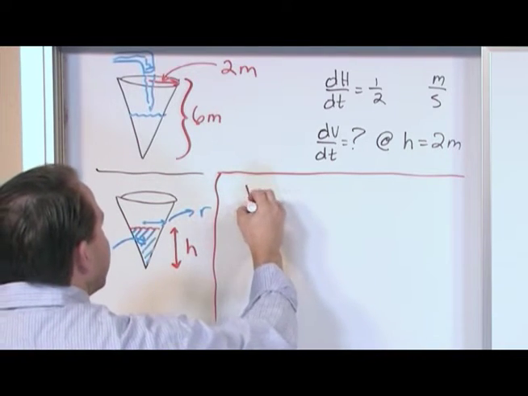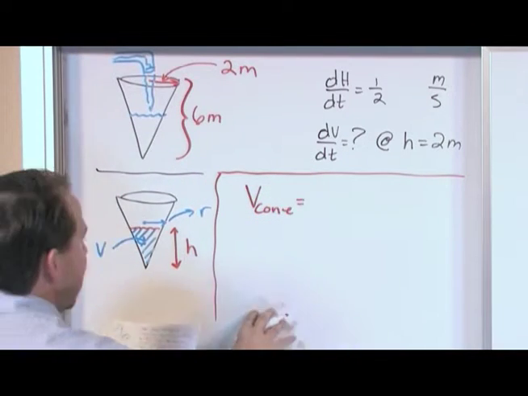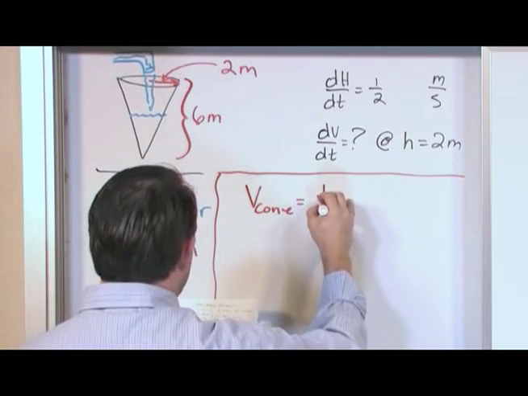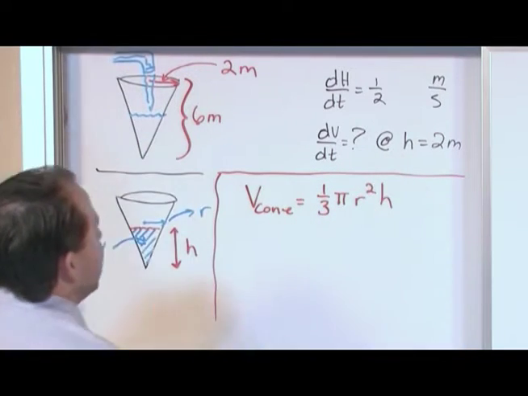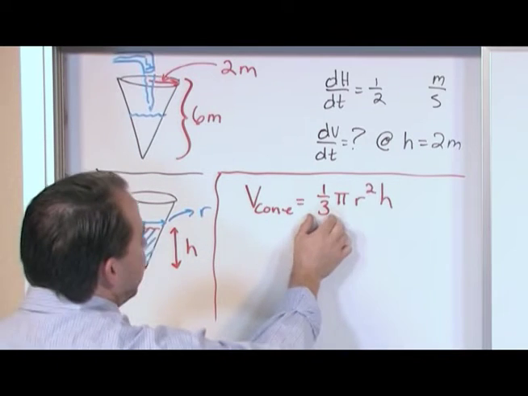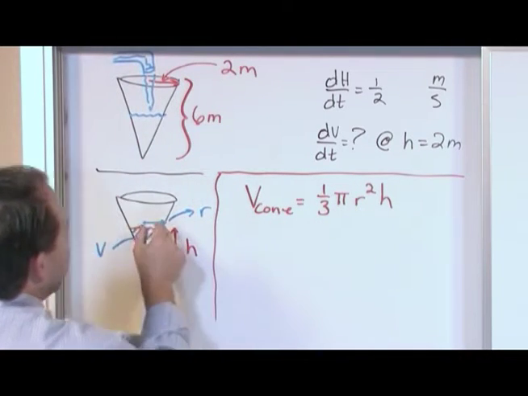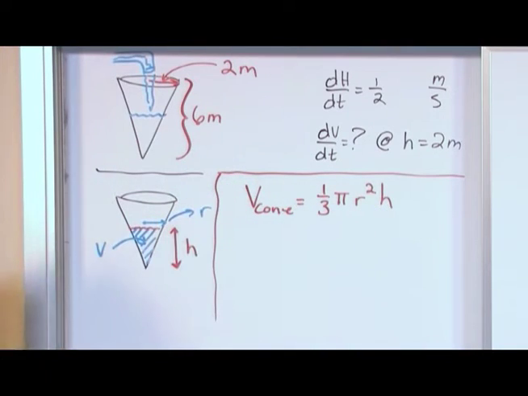So the volume of a cone, if you look back in a geometry book or your calculus book, is 1/3 pi r squared h. And this is why we labeled it as such, because 1/3 is just a constant, pi is a constant, r squared h. Now when we say V cone, what we're really talking about is the volume of this little cone of water inside of here.